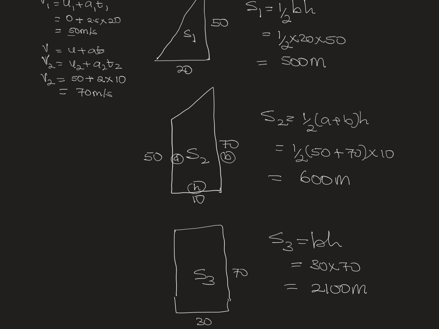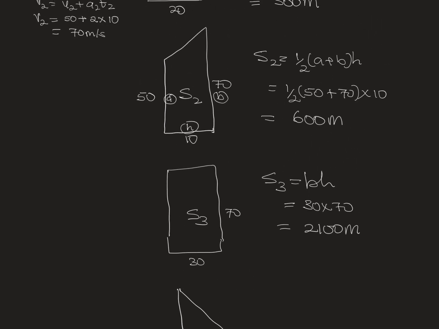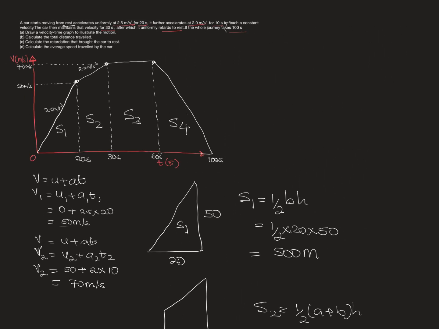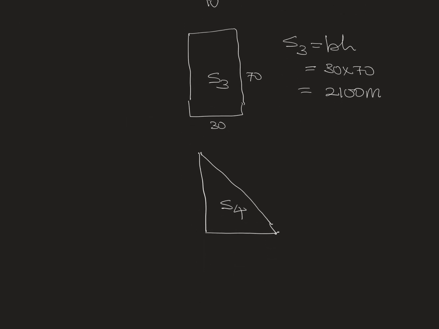S4 looks like a triangle, and this is how S4 looks. So what will be the base? It is 40 seconds, right? And what is the height? It is 70.